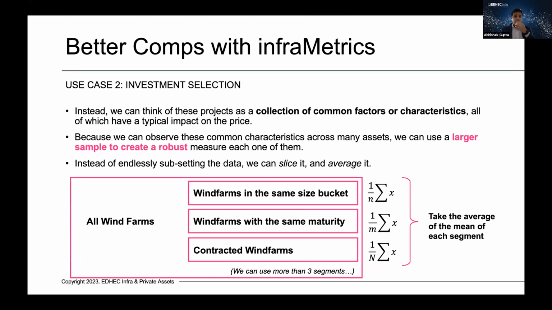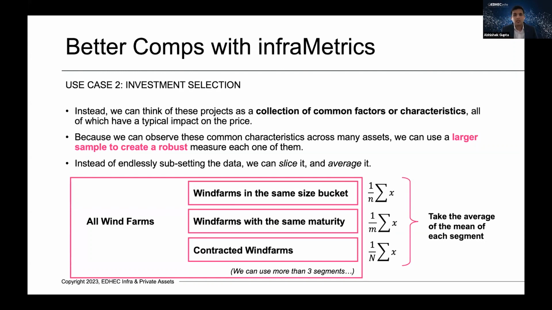Instead, what we can think about is that these projects have a collection of common risk factors. They have the same characteristics. So why not try to observe these common characteristics and create a larger sample that is robust and that can be sliced and diced in however you are interested in. So you take all wind farms and you look at what type of size buckets you can create, what type of maturity buckets you can create, contracted wind farms, and so on.